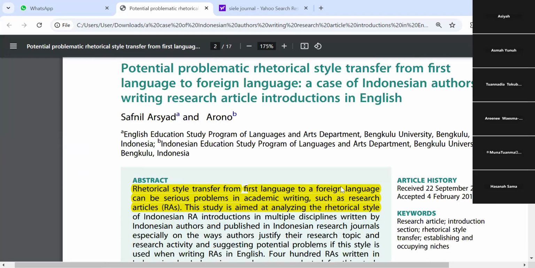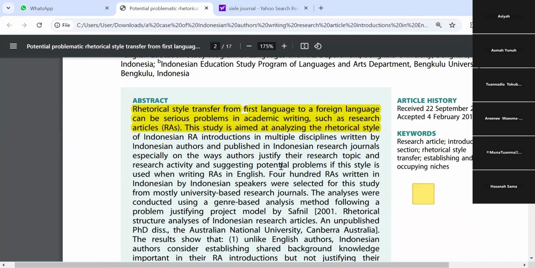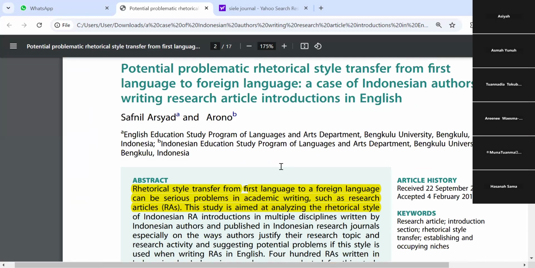Okay, is there any other question? Professor, how many research gaps should be in the article?